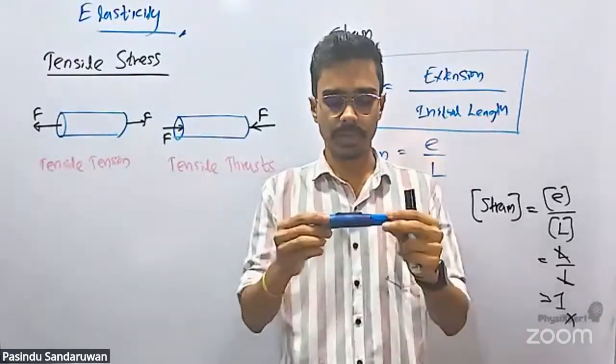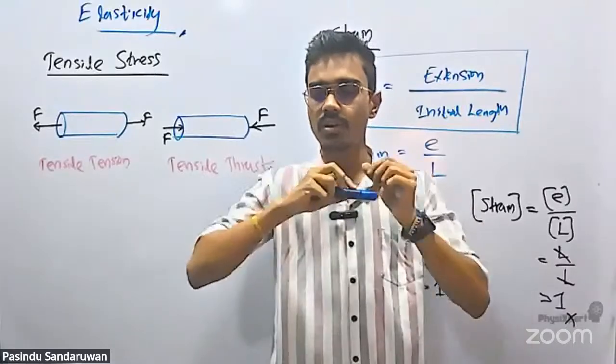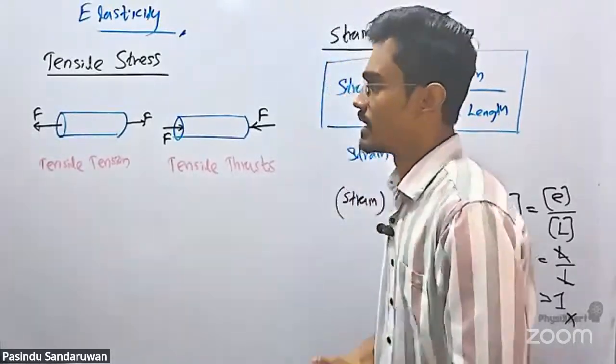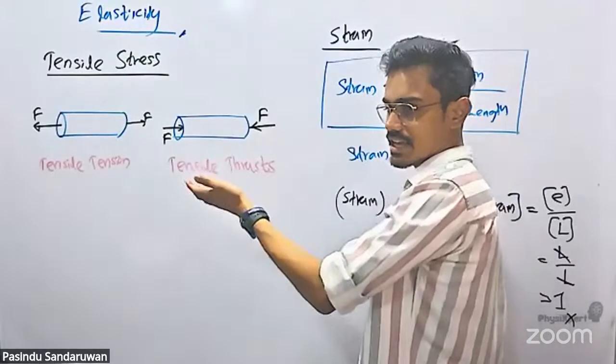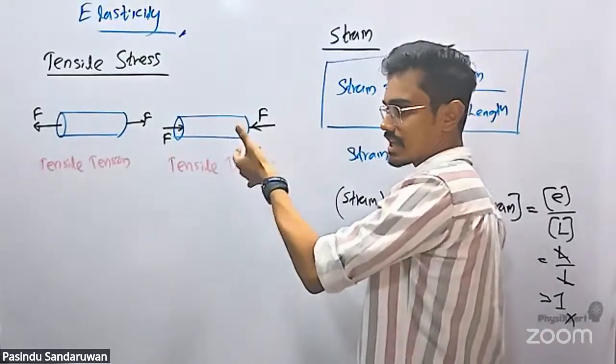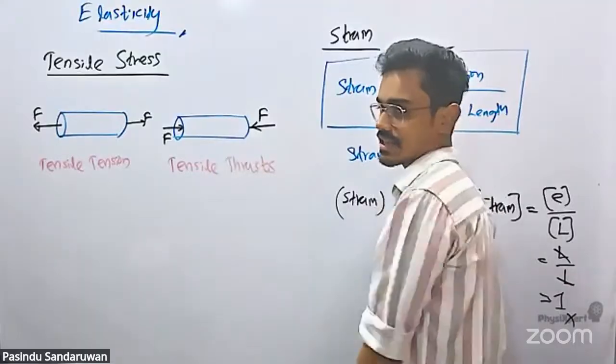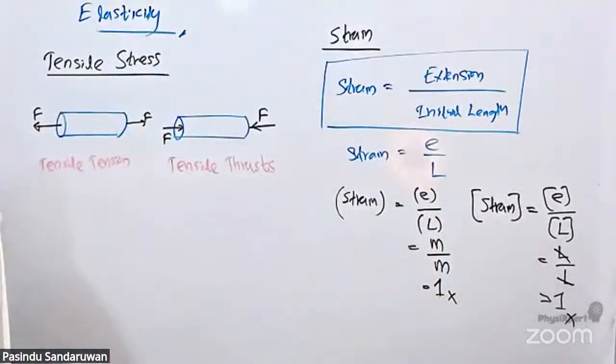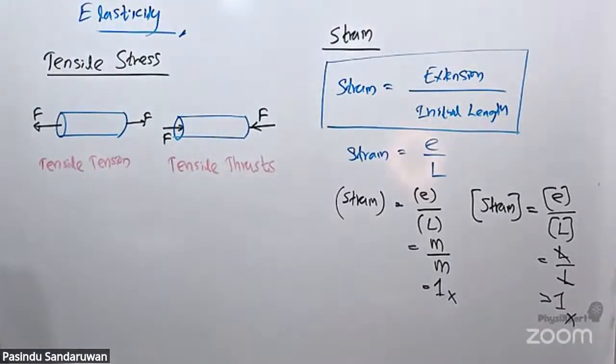If the force is applied parallel to length, like this or like this, they are called tensile forces. Stress due to a tensile force is called tensile stress, right? Okay, first take this down.